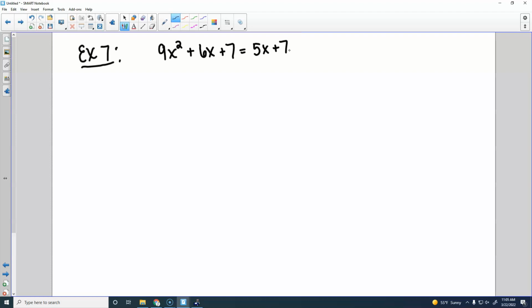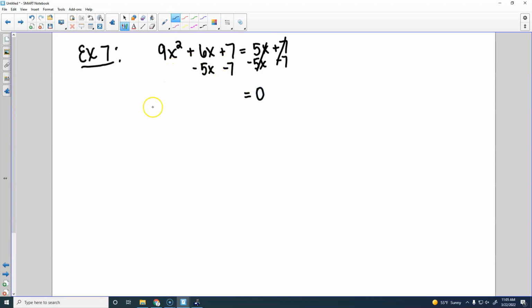Right, so we need everything on one side. In general, you always want your x squared to be positive, which is already positive. So we'll move everything over here with this x squared. So this 5x, I can subtract from the 6x because that's my like terms. I'm also going to subtract this 7, so that I can get rid of everything on the right-hand side. And once I get rid of everything, what's the number that tells us nothing's there? 0.